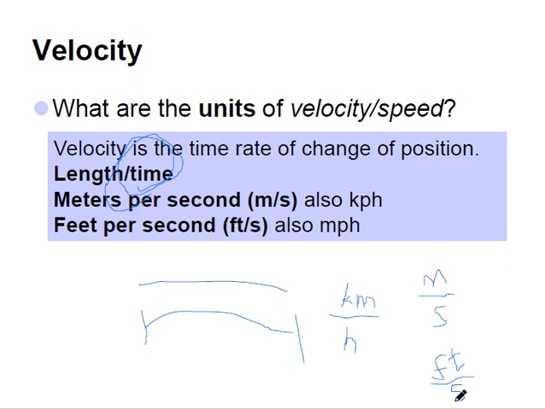We call it feet per second. And of course for miles, your car's distance measurement is miles per hour. Anyways, these are the units of velocity and units of speed.